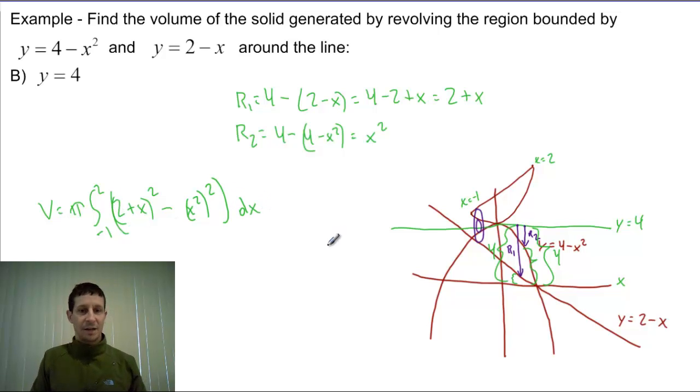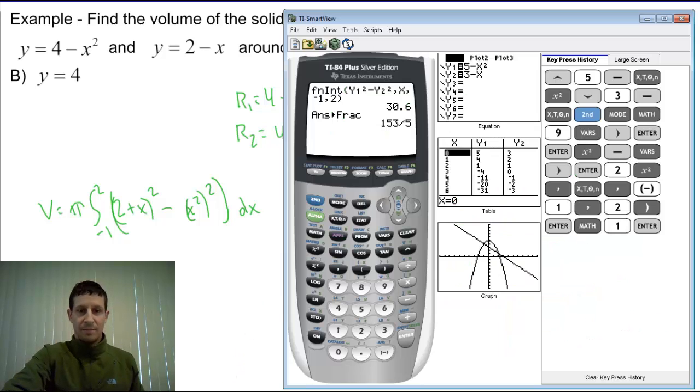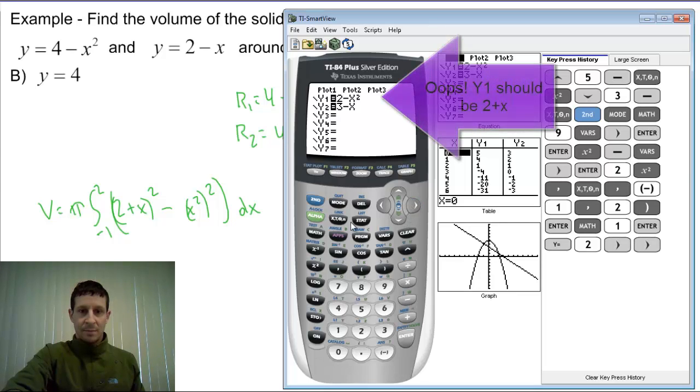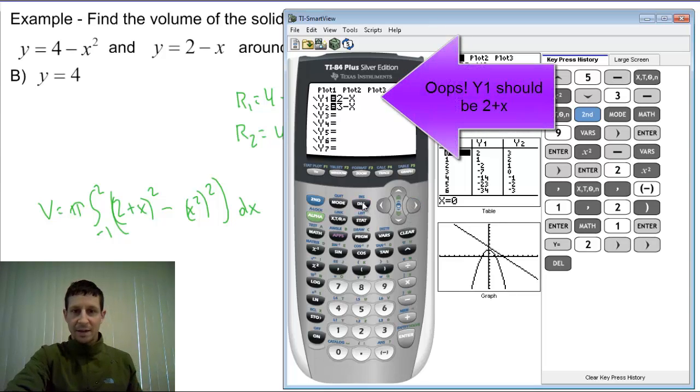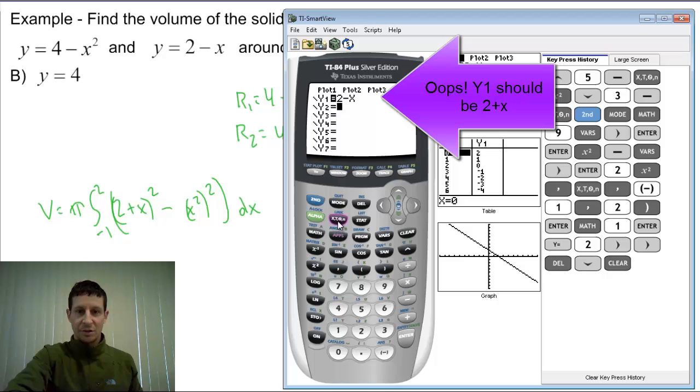Get our notation correct. Okay, so that's most of the work. We'll continue to use our calculators for this. I'm just going to change the outer radius this time, which is 2 plus x. So let's delete that. And then down here, our inner radius is just an x squared.